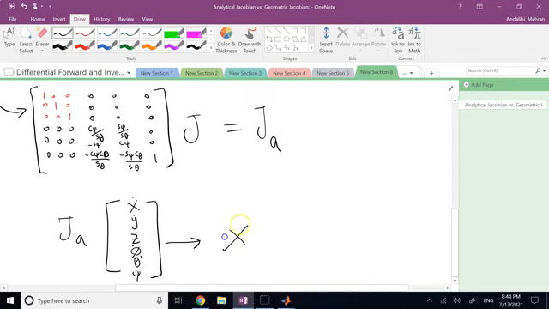It will give you the end-effector velocity like this. Or if you wanted zeta, zeta is what? J times q dot, correct?